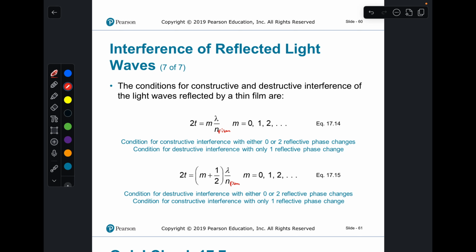If we have a film and then here we have air and air, we have our wave entering the film, and as we saw, it's going to change its wavelength, right? The wavelength's going to shrink inside the film. And so since we're talking about the film thickness, we need to relate that to the wavelength of light in the film, which is taking the wavelength as given in the problem and dividing it by the film's index of refraction.